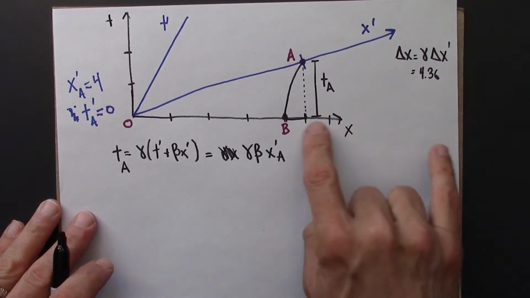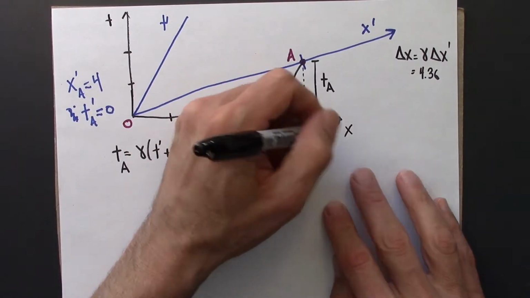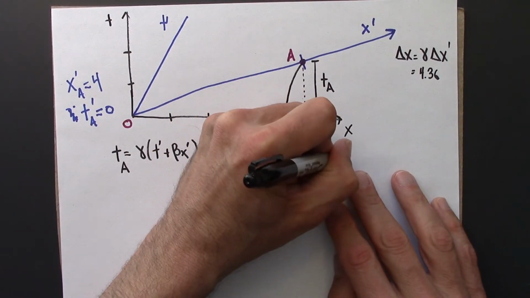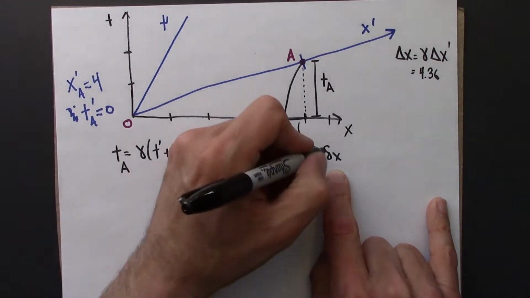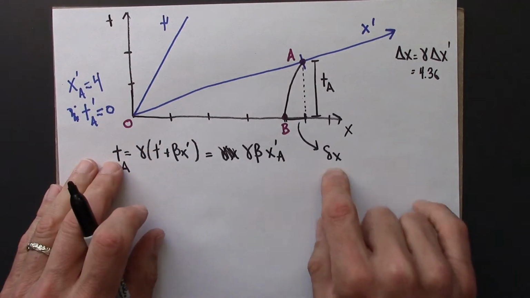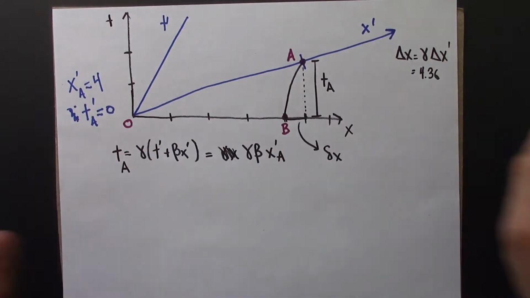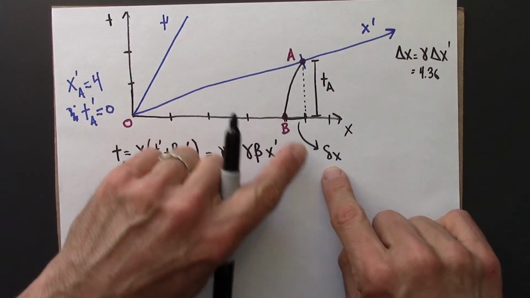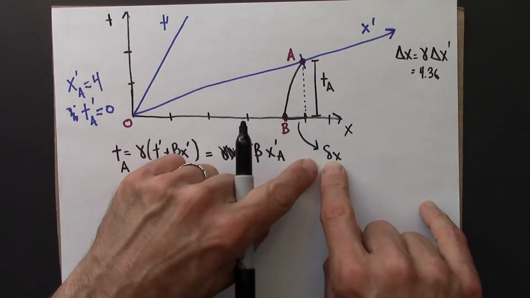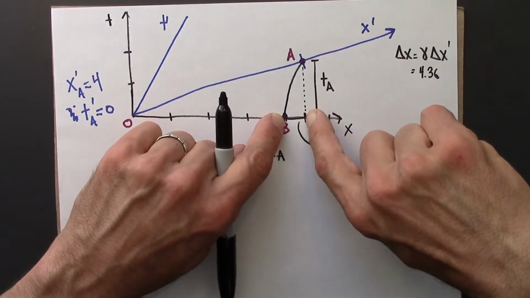And I couldn't figure out what to call this, so I decided to call this delta x. That's a little change in x. Because it's not a big change in x. I'm not happy with that, but that's what I decided to call it. Okay, so I want to figure out this.